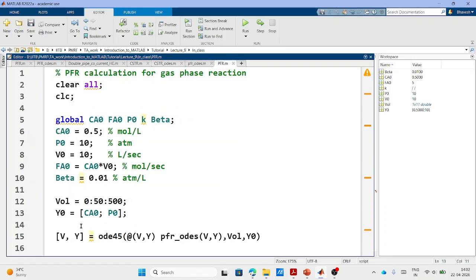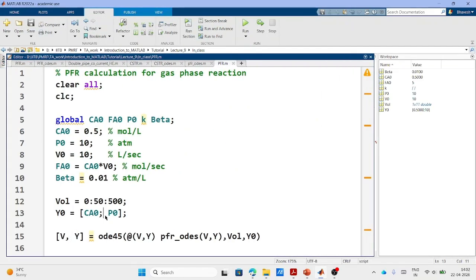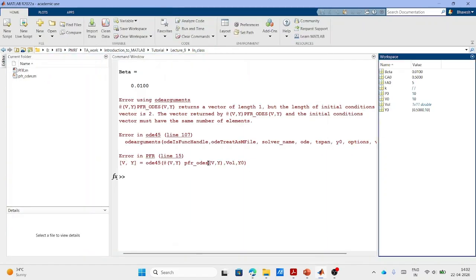So I can call it now and put it in, and then it takes a vector with one variable and returns a vector of length 1, but the initial length condition.